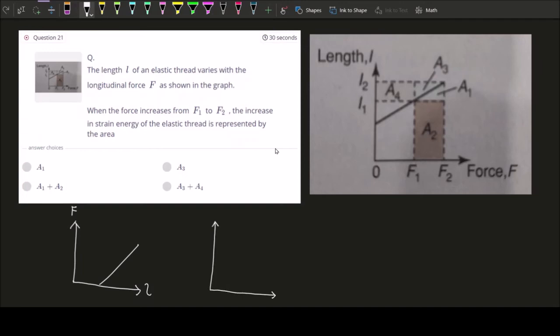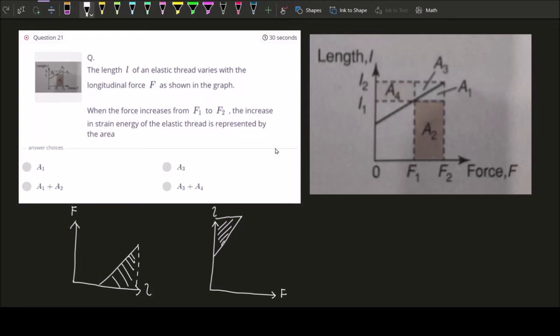If they flip the axes, you should be able to imagine that the graph will look something like this, just like the situation just now. If the area under the graph just now is here, then now the area under the graph will be here. This is related to the previous graph that we were discussing in question 20.